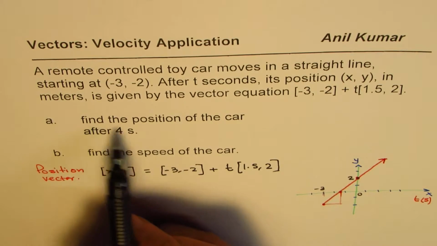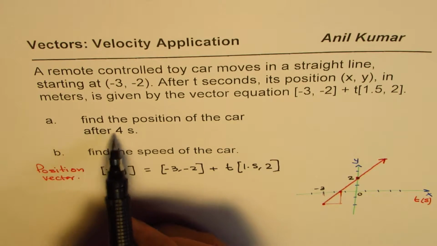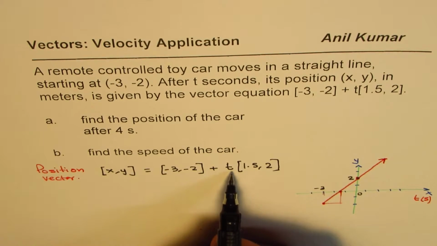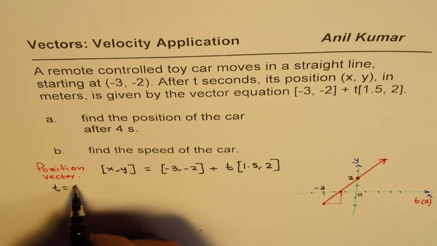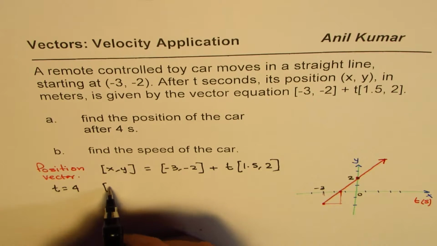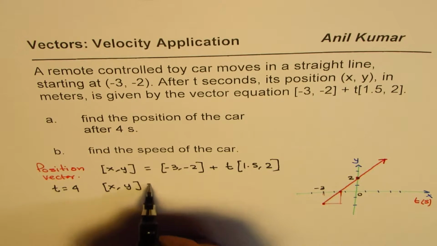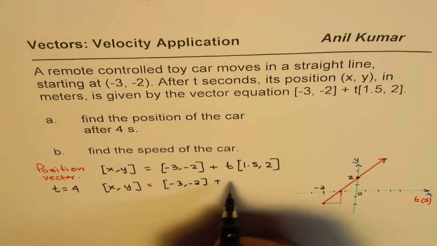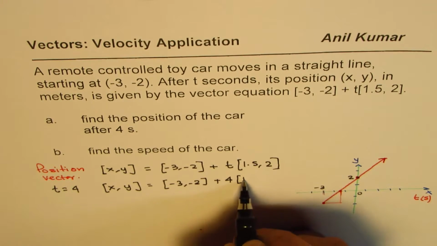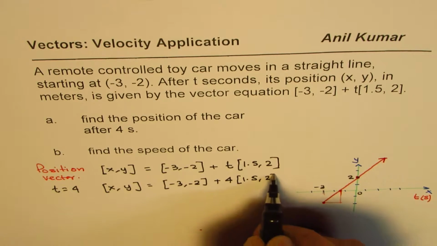Now it says, find the position of the car after 4 seconds. That means t is 4. Here time is written by this parameter t. So if t equals 4, we need to find the position, that means the (x, y) value. So we'll just write (-3, -2) + 4(1.5, 2).